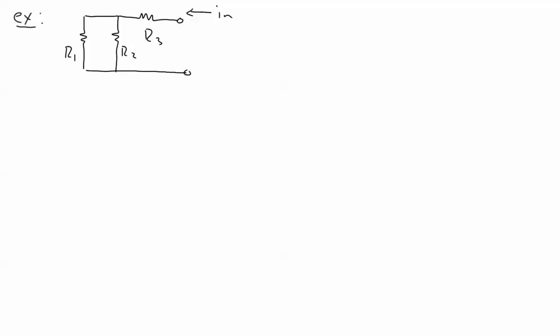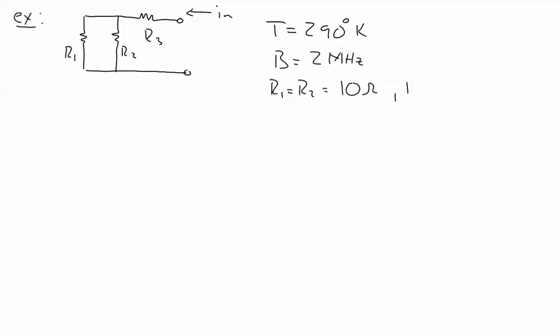I'm going to assume that my temperature is room temperature, 290 degrees Kelvin. I'll assume something not particularly big for my bandwidth, 2 megahertz. And let's assume that R1 equals R2 is 10 ohms and R3 is 5 ohms. So my Thevenin equivalent resistance is R1 parallel to R2 plus R3. It turns out it's just 10 ohms.